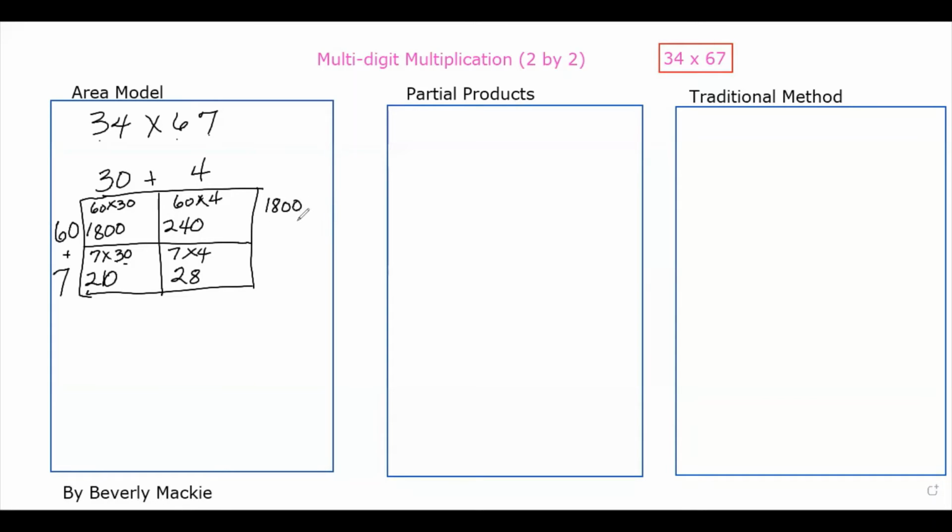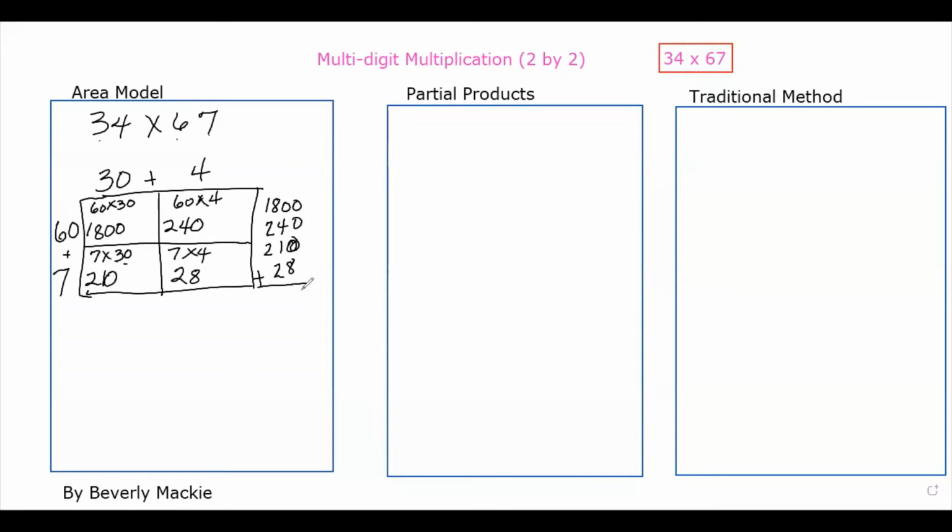And so I'm just going to start in my ones place for this 240 to make sure I line my numbers up correctly. And then 210. And then 28, make sure that's in the ones place. And then we add.